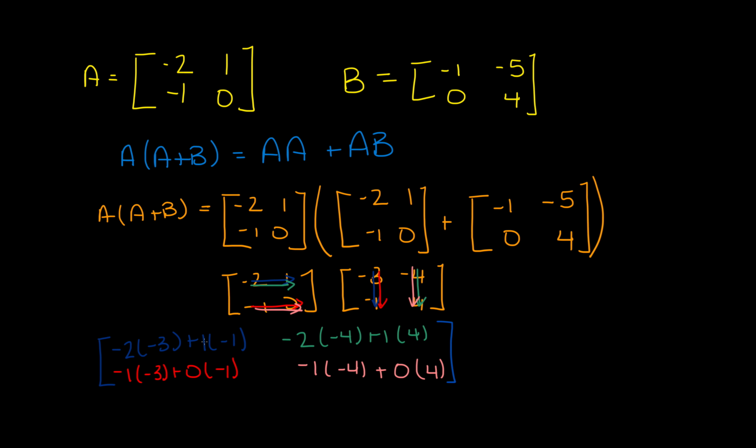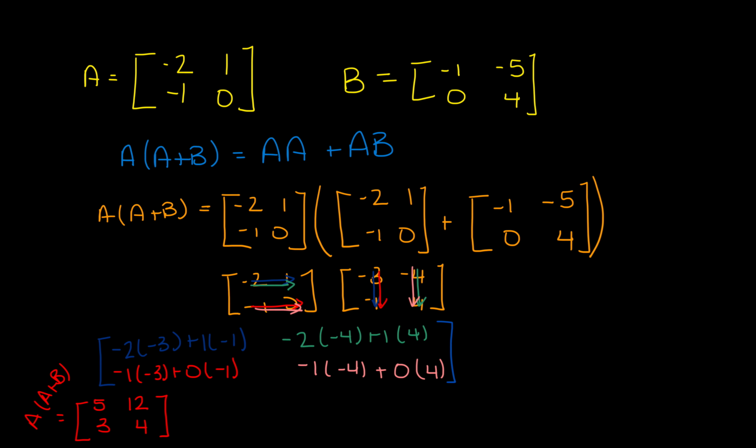All right, looking at this matrix right here, it is going to be equal to, let me choose, 5, 12, 3, and 4. So this is matrix A times A plus B.